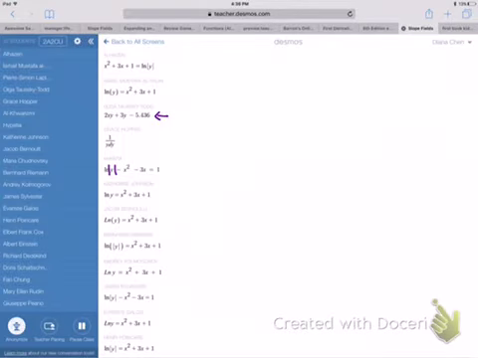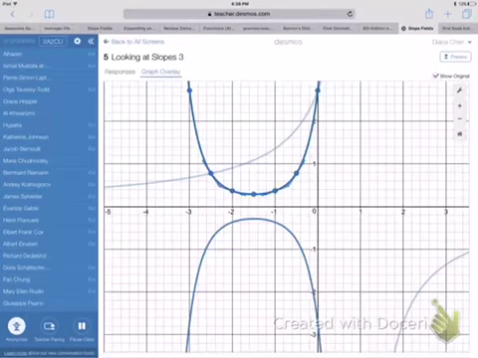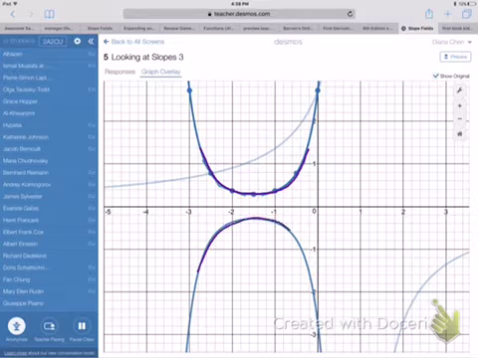Now, on this screen, you can see that nobody solved for y. We just took that equation and typed it into the next screen, where we ended up, for the most part, with the combination of these two graphs. We had a few random graphs here and there, but for the most part, everybody got a combination of two different functions.